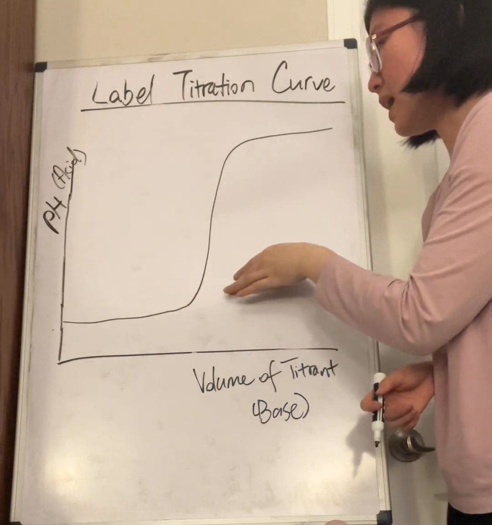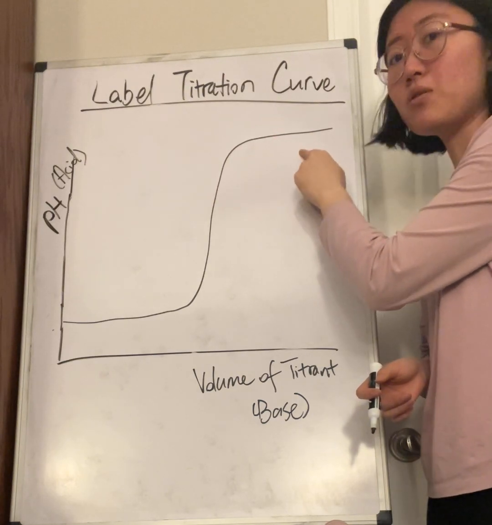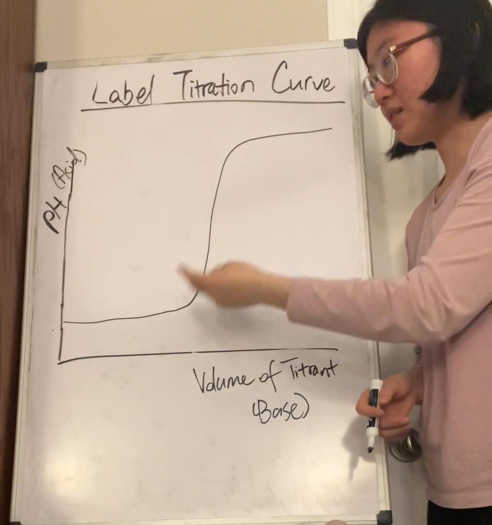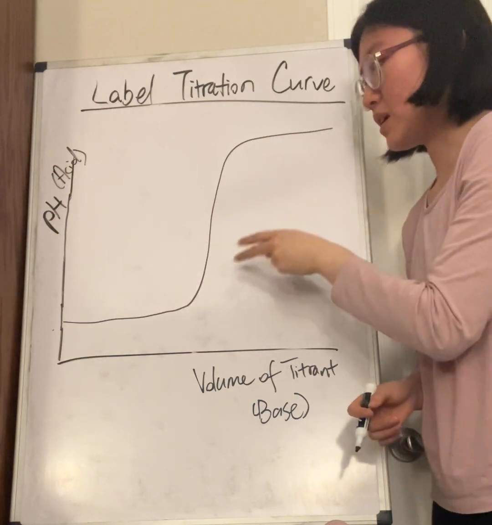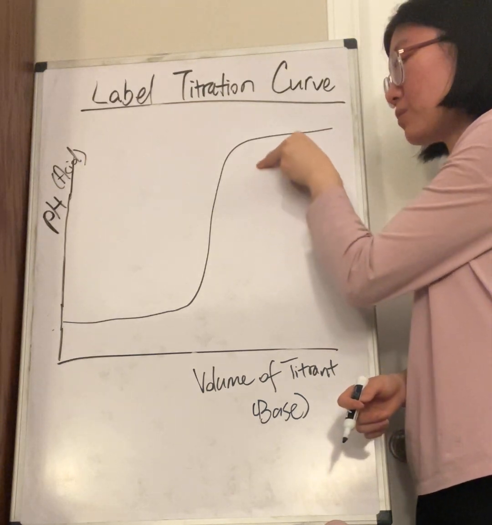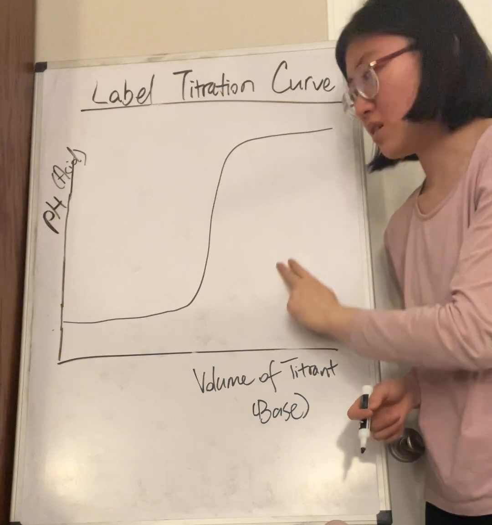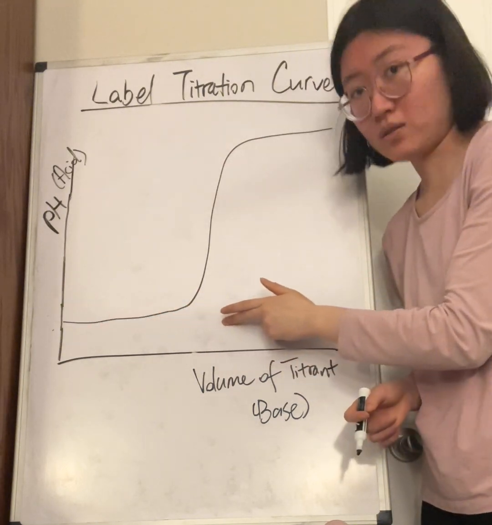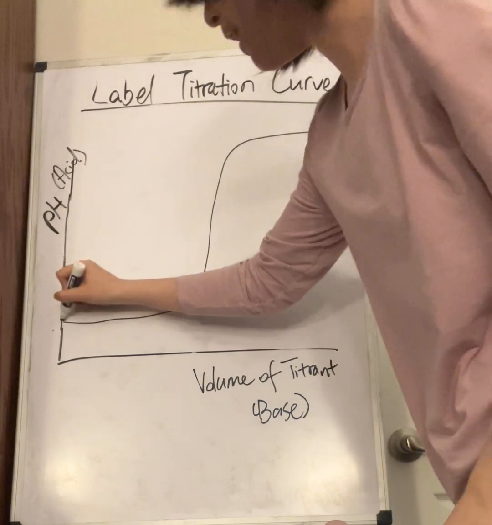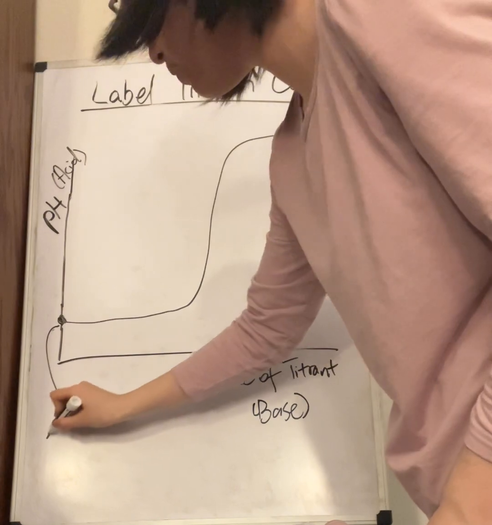It's raised all the way until it reaches a pH value a lot higher than the starting value, which means so much base has been added that the whole solution is more basic than the initial solution. So we know this point must be our initial concentration.